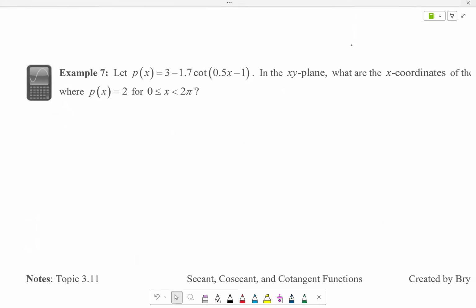How many have this? The calculator ready?